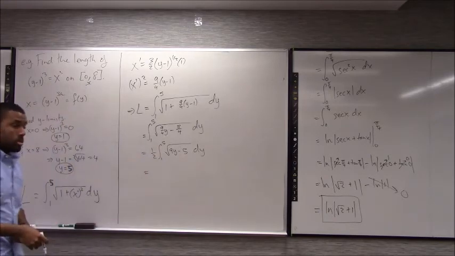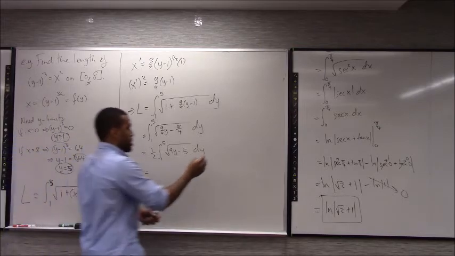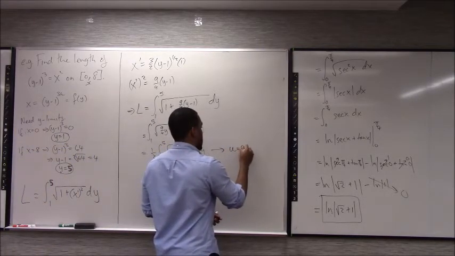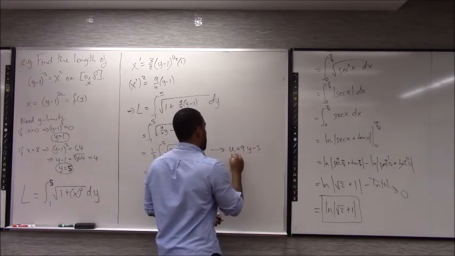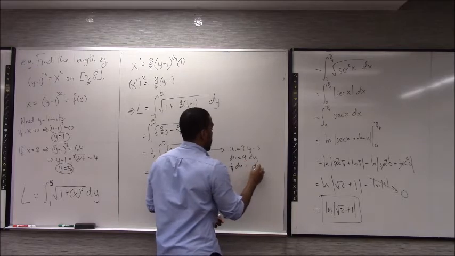How do you integrate that guy? Man, just do a substitution. Right? u equals 9y minus 5, you get your du is equal to 9 dy, and so 1/9 du is equal to dy.